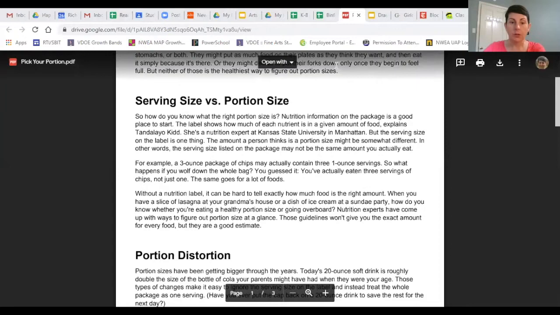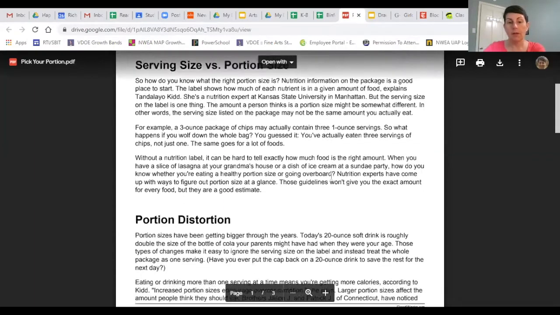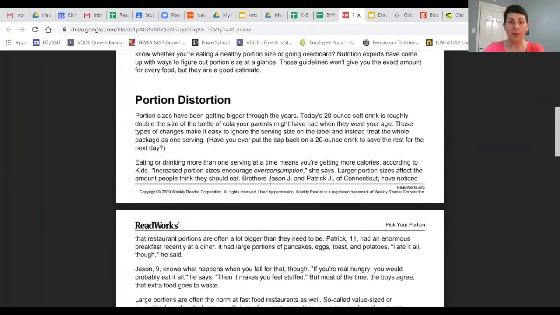The second question was, what conclusion can be drawn from the reasoning behind fast food restaurants offering supersized portions? If I go down here to this portion distortion, I'm going to skim to see why they are oversizing.